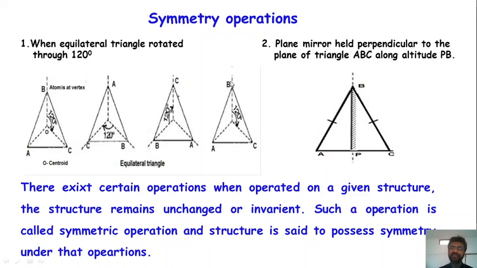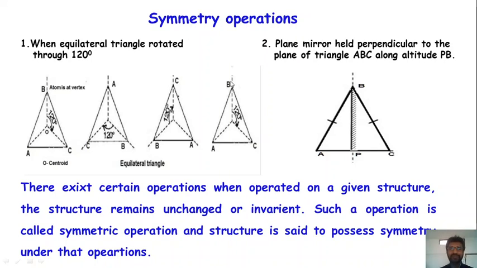If we hold a thin mirror perpendicular to the plane of this triangle along the altitude from B, then we can see the reflected image of the triangle, half of the triangle inside the mirror, and both images are equal. So here we can see that there is also no change in its structure if we use the symmetric operation, and that is the reflection type of symmetry.